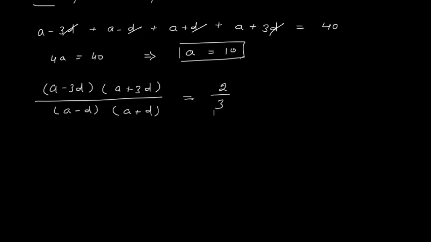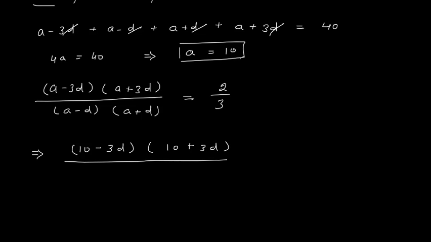So the value of a is 10. So here we have, this implies, 10 minus 3d into 10 plus 3d divided by 10 minus d into 10 plus d. This is 2 upon 3.